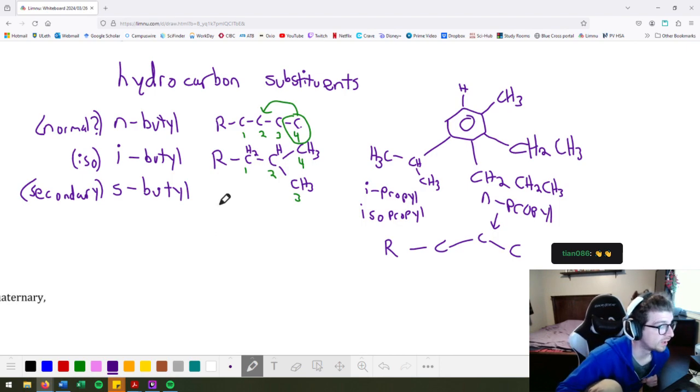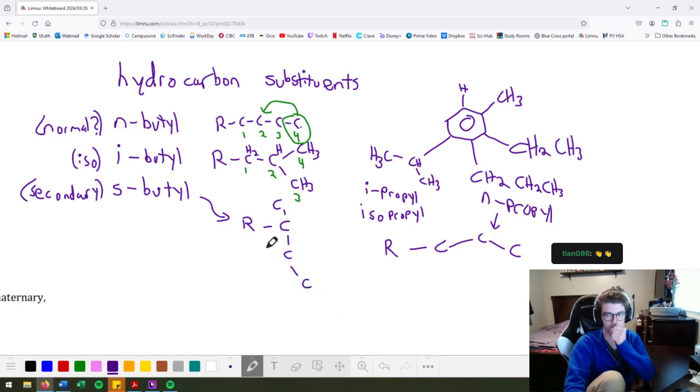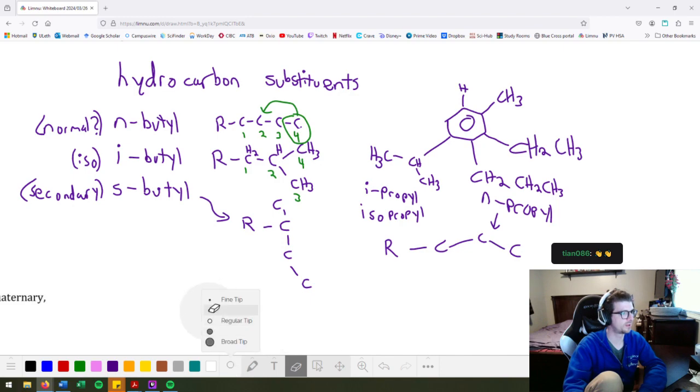And what this looks like is, I'm going to maybe, sorry, yeah. Okay, that's a very bad picture of what a sec-butyl group looks like.